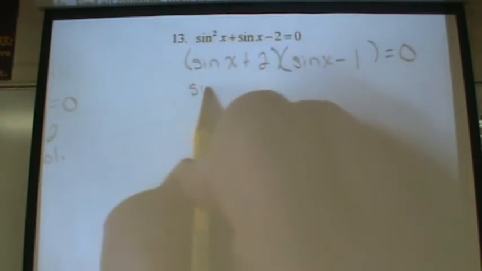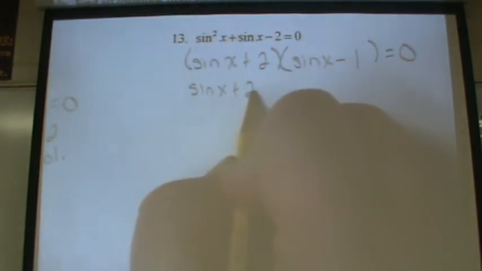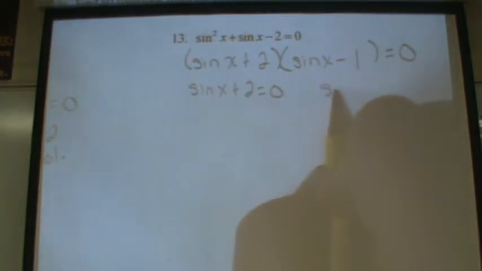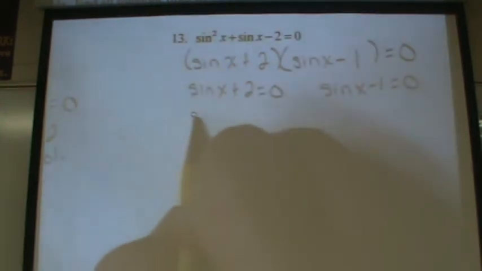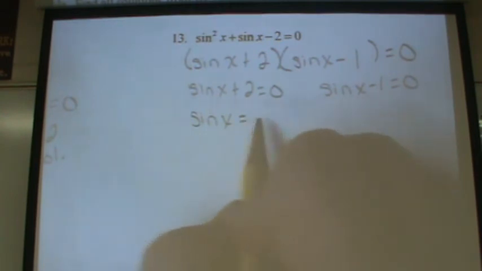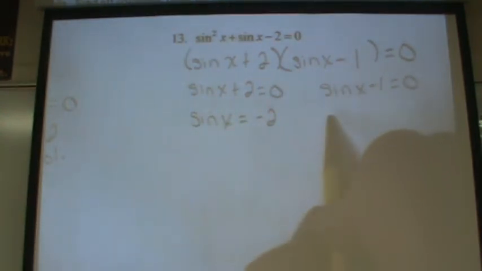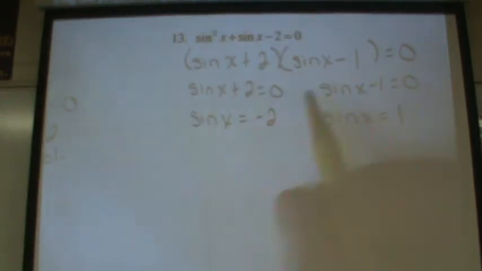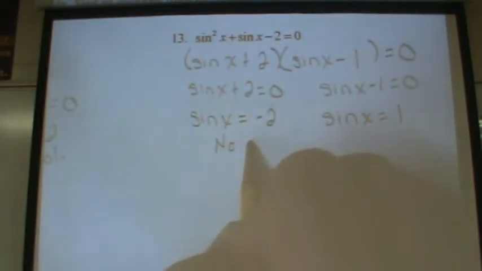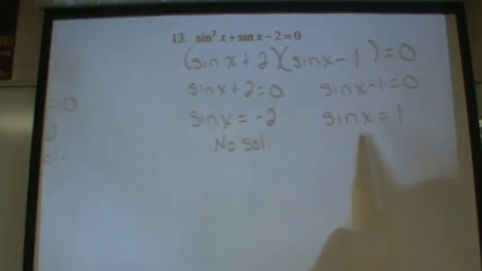Set each of those equal to 0. Solve for sine. For this one, you get sine x equals -2. For this one, we get sine x equals 1. So for this first one, again, this is outside of our domain, so no solution.